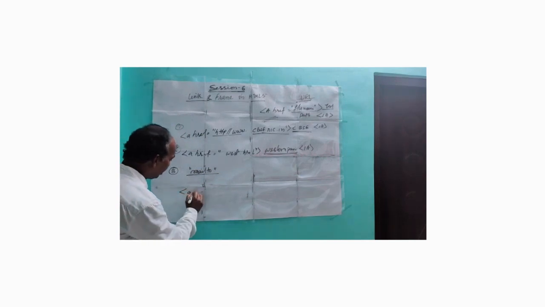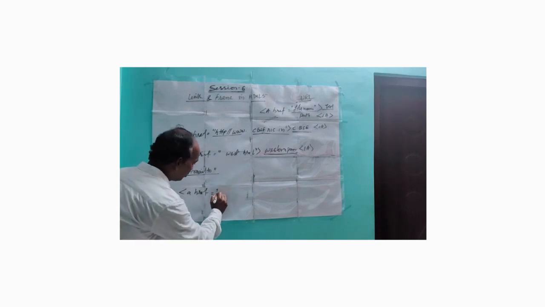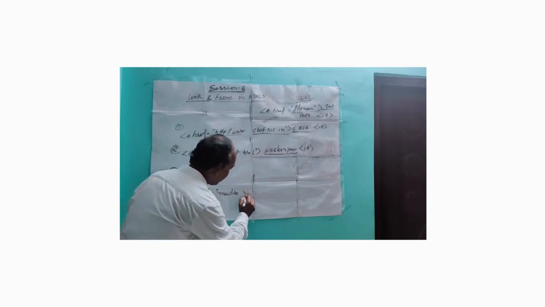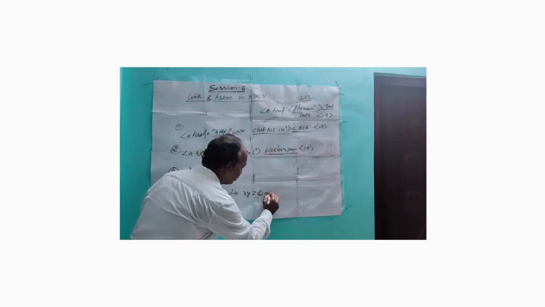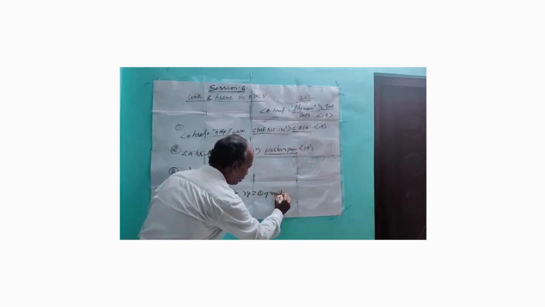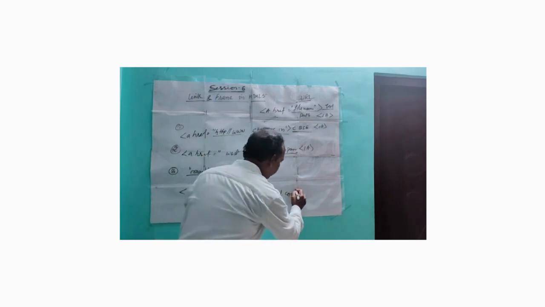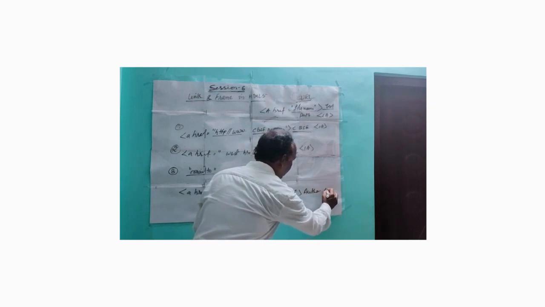For example, you write a href equals to mailto:xyz@gmail.com. Then the text, then close the anchor.